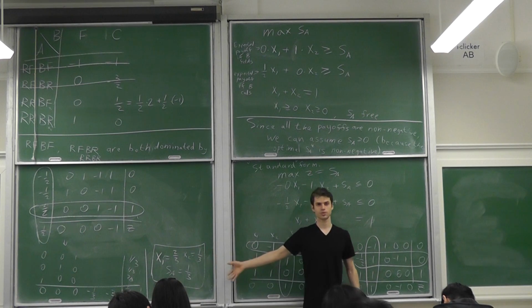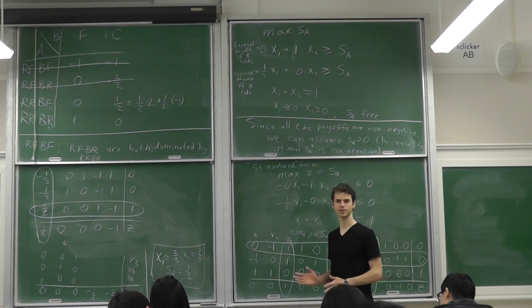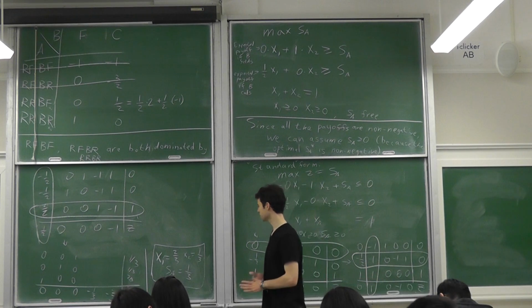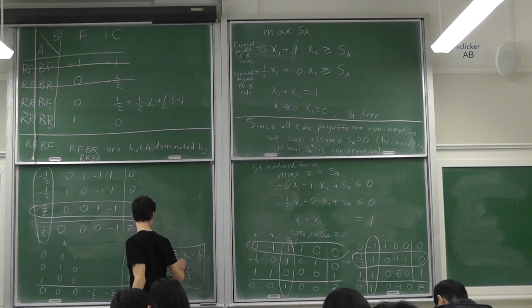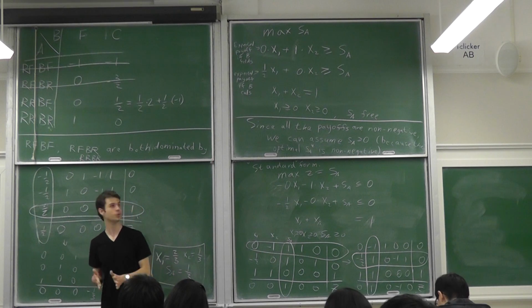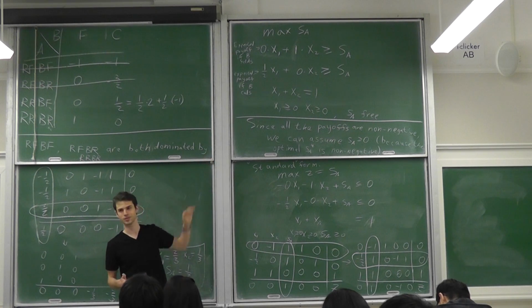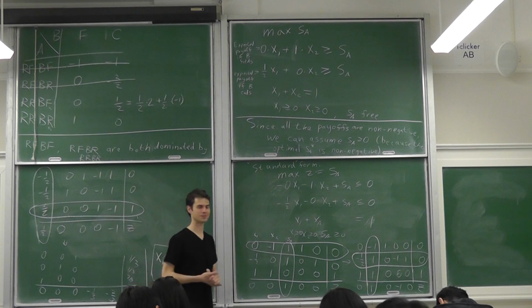So I hope you see that it wasn't too complicated. In fact, we could have kind of guessed which inequalities should have been equalities, and these were the only two.